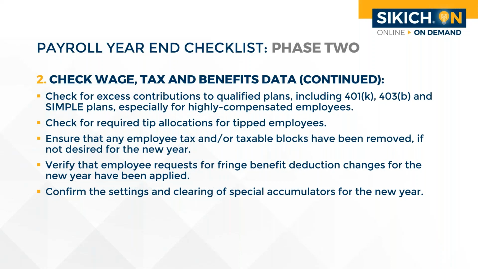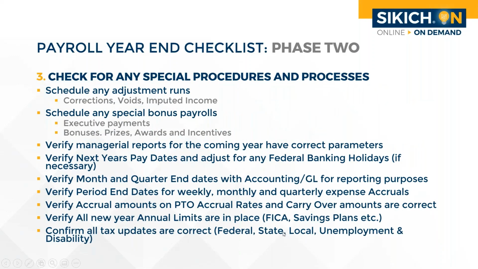Make sure that all your fringe benefits have been imputed accordingly, and make sure that all of your special accumulators have been reset to 0 before the new year starts. Make sure that those adjustment runs and your special bonus runs have been done.